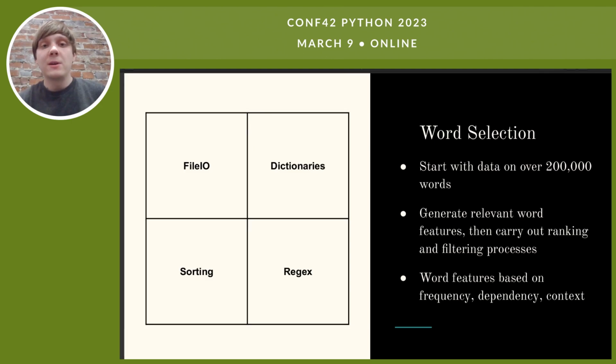And then we have to do various sorting procedures to basically rank or filter the words. And we also use regex, and regex allows us to basically parse or detect certain patterns within the data associated with the words. Okay, and in Python, all of these things are readily available.